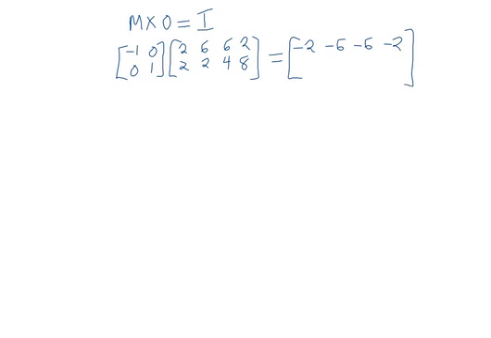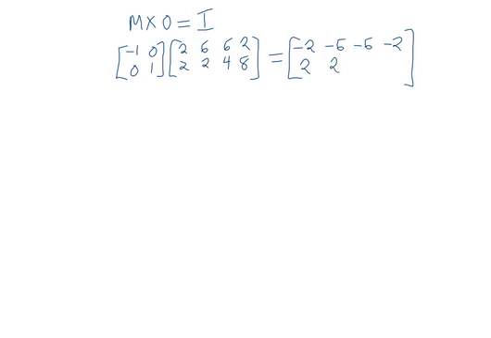For the y coordinates we use the second row. So the second row by the first column we have 0 multiplied by 2 which is 0 plus 1 multiplied by 2 to give us 2. Second row, second column, 0 multiplied by 6 which is 0 plus 1 multiplied by 2 which is 2.